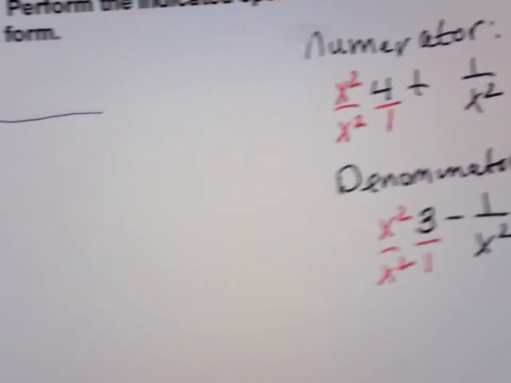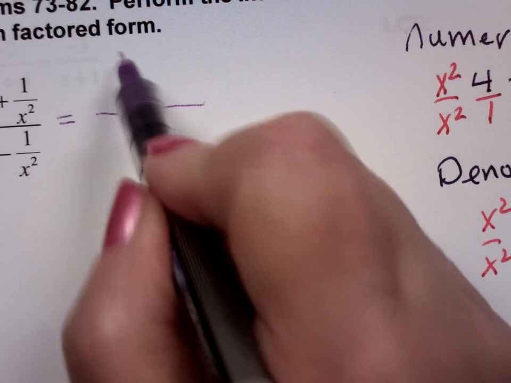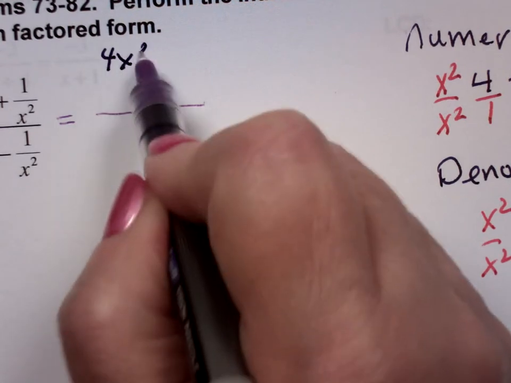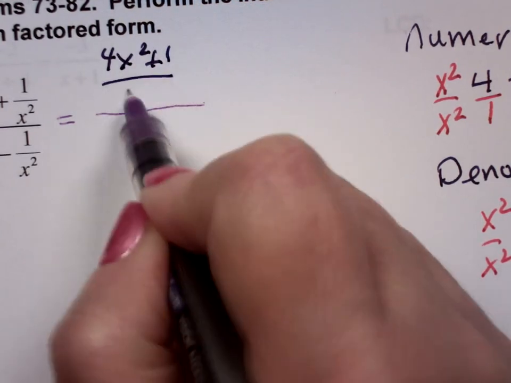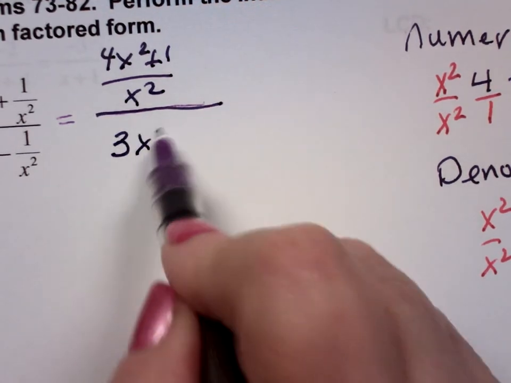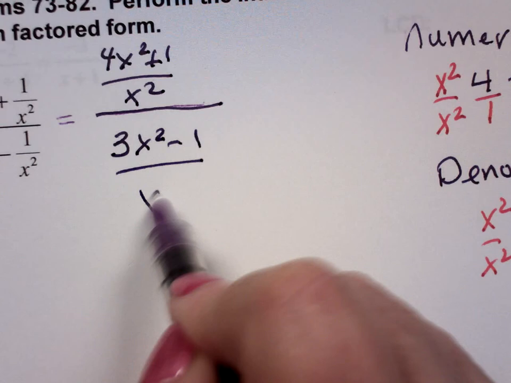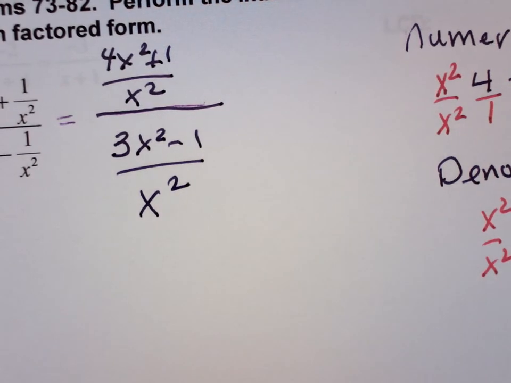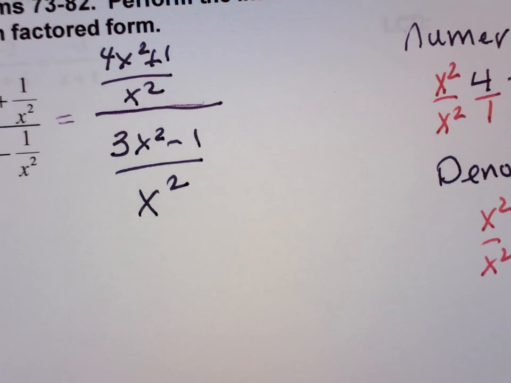And then I'm going to move those two back over. So this becomes 4x squared plus 1 over x squared divided by 3x squared minus 1 over x squared. Now remember, that is a fraction divided by a fraction.